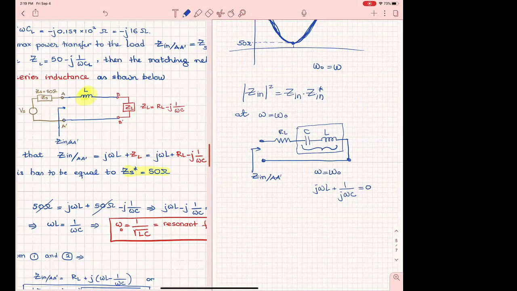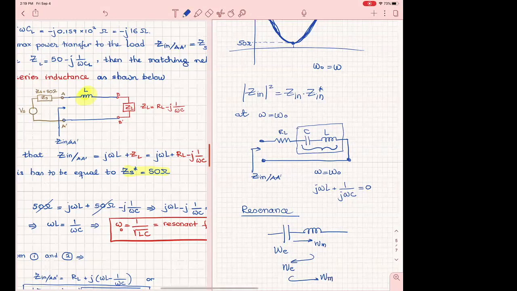But what that means is that in this state of resonance, all of the charge, the energy that is stored in the capacitor, transfers to the inductor, and then back from the inductor to the capacitor, and then back to the inductor.